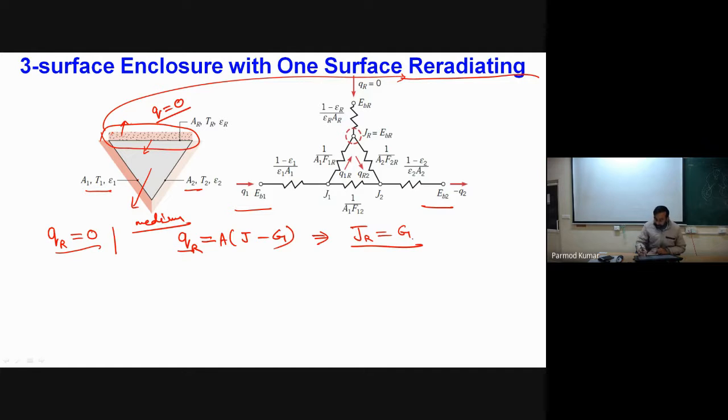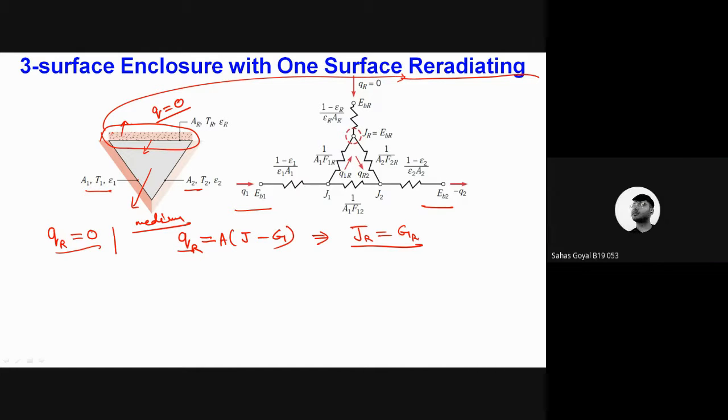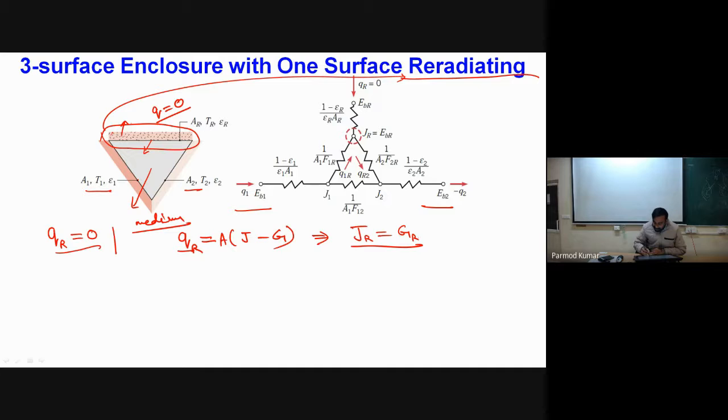Is this point clear? Yes, sir. Now, if J is equal to G, it means the radiosity is equal to the irradiation.